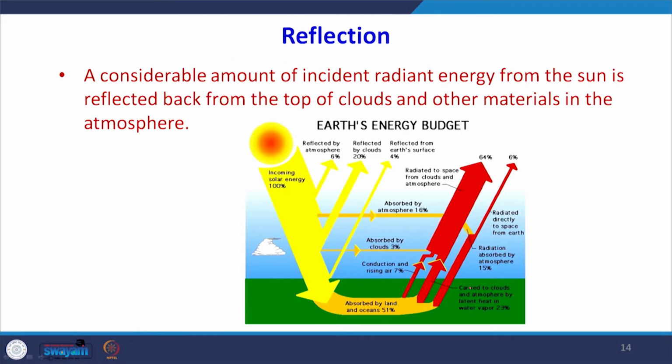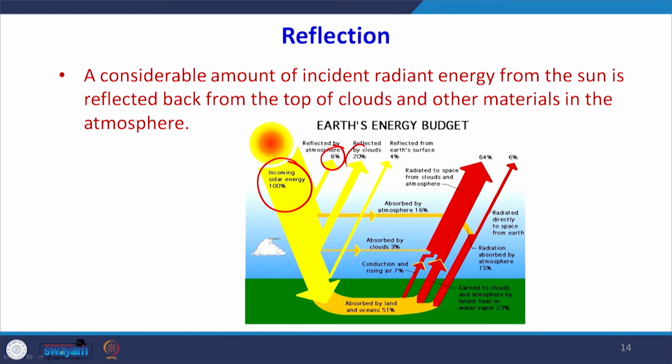So, the considerable amount of incident radiant energy from the sun, and reflected back either from the clouds or from the upper material of the atmosphere, has been absorbed or scattered or transmitted, and this diagram shows that if 100% of the solar energy traveled from the source, then 6% will be reflected by the atmosphere before reaching the ground.